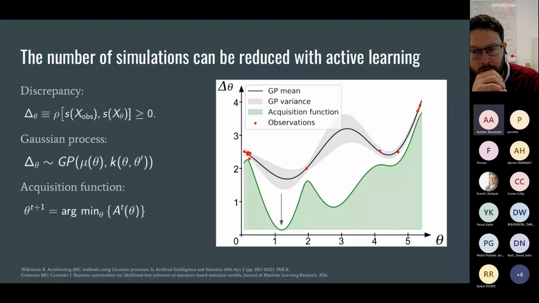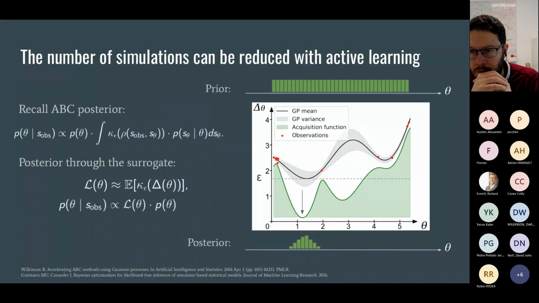We use this simulation as a new point for the Gaussian process and get a better fit. Once we exhaust all the simulation budget, we can extract the posterior.